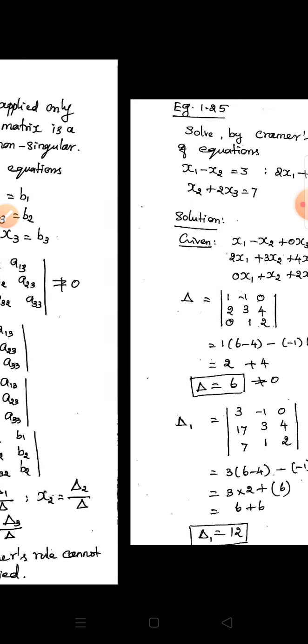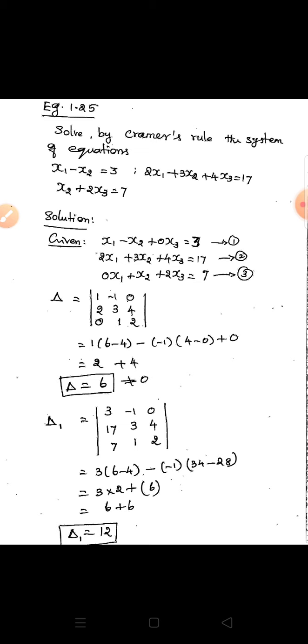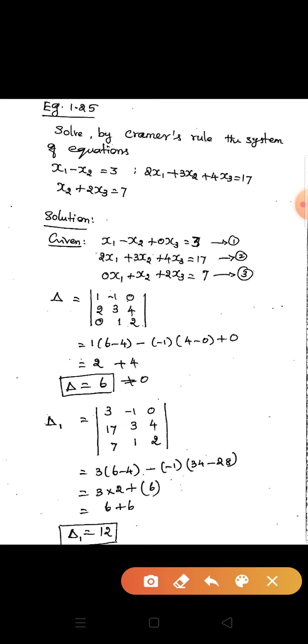Okay, using Cramer's rule, we are going to solve example 1.25. Solve by Cramer's rule the system of equations: x1 minus x2 is equal to 3. Second equation: 2x1 plus 3x2 plus 4x3 is equal to 17. Third one: x2 plus 2x3 equal to 7.